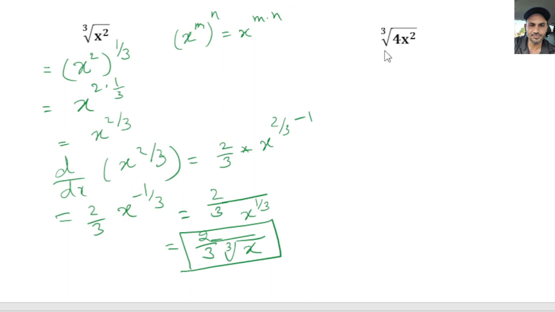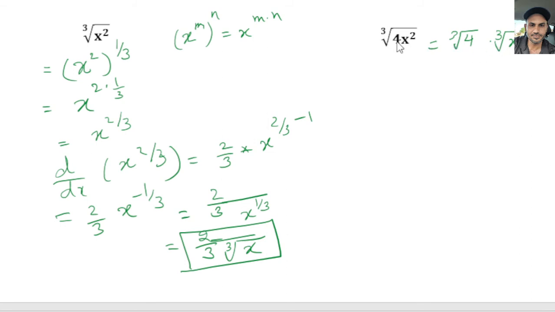So here, first I'm going to go ahead and simplify it. I'm going to break it into two parts. So it's going to be cube root of 4 times cube root of x squared. Since they're multiplying, 4x squared, you can write them as independent terms as a multiplication.